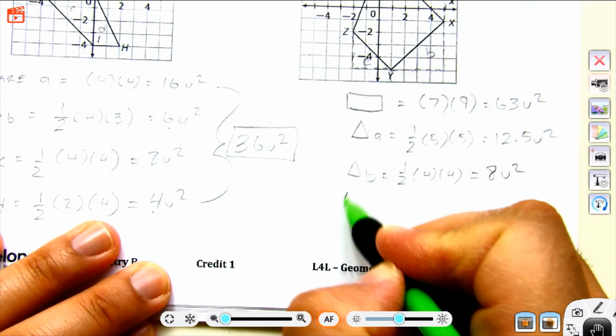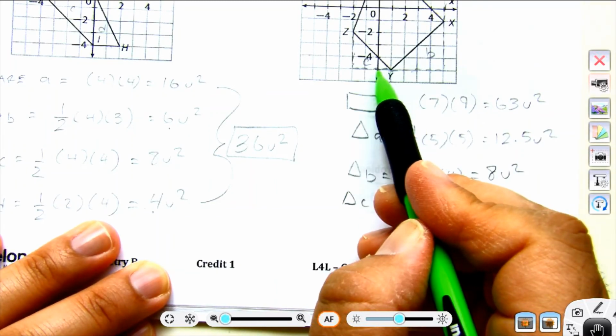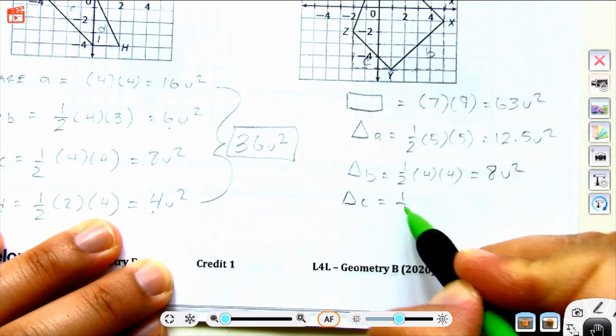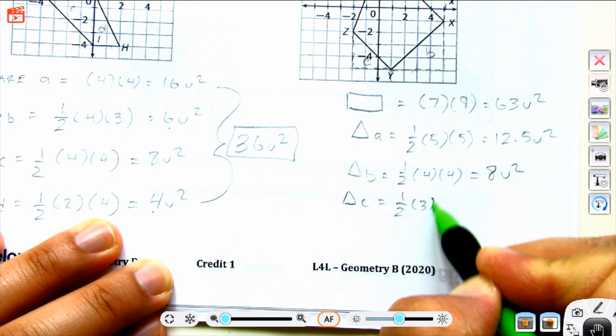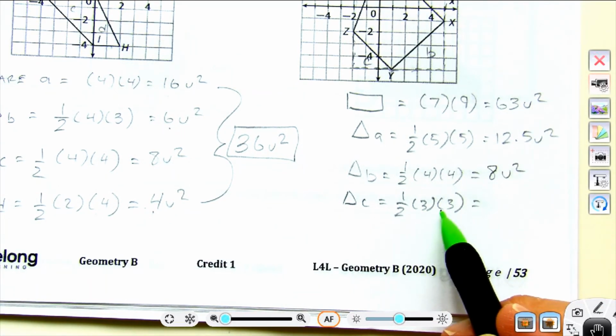Triangle C. So we have the base is 1, 2, 3, and the height is 1, 2, 3. So 1/2, 3 times 3. 3 times 3 is 9, and half of 9 is 4.5.